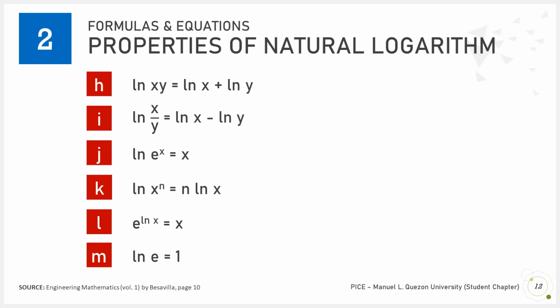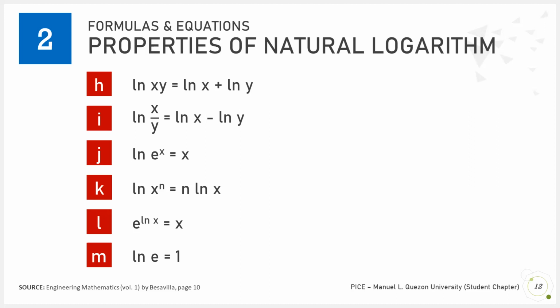Letter J and letter K are somewhat similar, but I'll run through them. Let's take property K first. In property K, we have natural logarithm of x raised to n is equal to n multiplied by the natural logarithm of x. What we did here is transform the natural logarithm of x raised to n by bringing down the exponent of x, which is n.